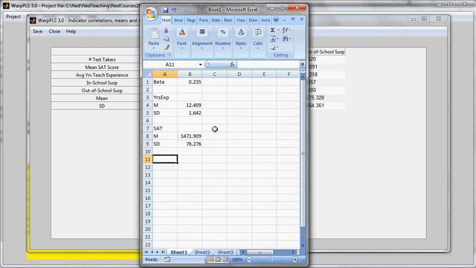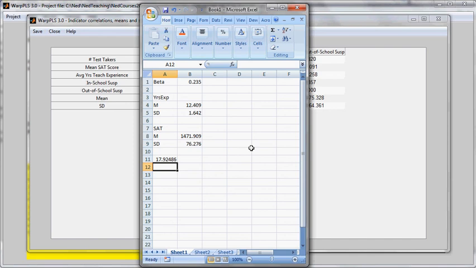So I can say that for each 1.64 additional years of teacher experience, I have an increase in SAT scores of 17.92 points.